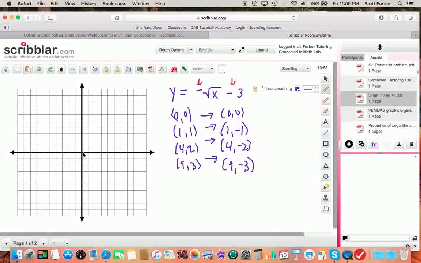So 0, 0 is obviously going to move down 3. 1, 2, 3. It'll become there. 1, -1 would be here. It moves down 3. 1, 2, 3. 4, -2, which would be here, is going to move down 3. 1, 2, 3.